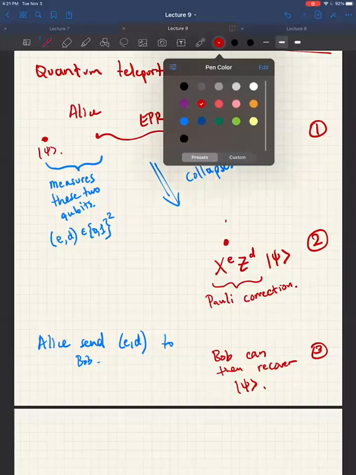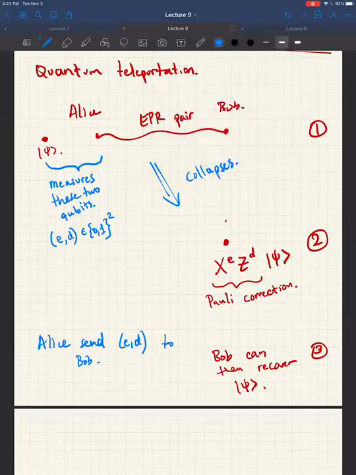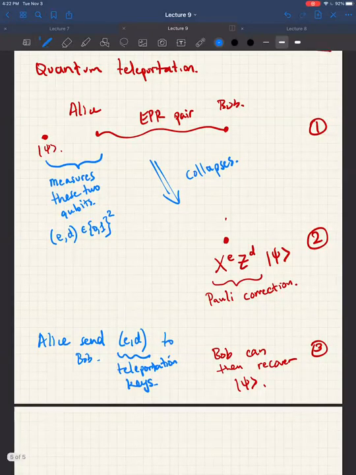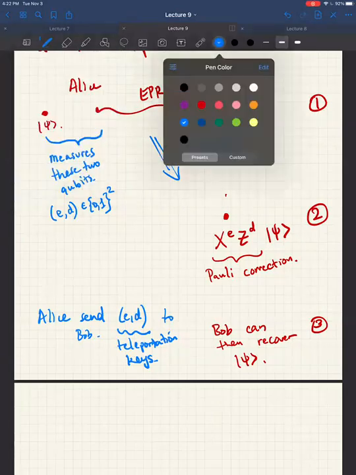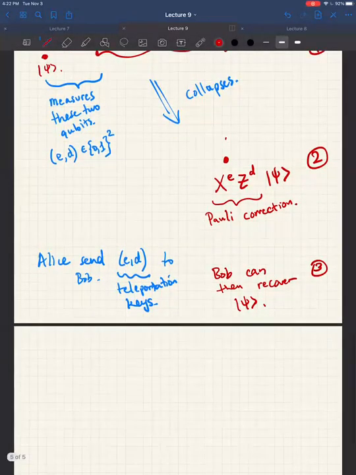Is the n qubit state teleportation analogous? Yes, basically you just do this n times, one for each qubit. And that'll work even for a highly entangled state. Definitely, that's a good point. So first let me say we call these the teleportation keys, because we think of the keys as unlocking the state on Bob's side. And Sumner asks, what about teleporting n qubits?